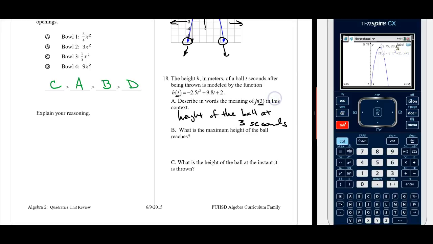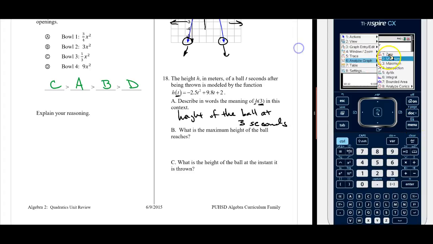Well, I'm going to go to my graph. I'm going to put in the function negative 2.5x squared plus 9.8x plus 2, and my maximum height is going to be up here, menu, analyze graph, maximum, left bound, right bound, 1.96 and 11.6.